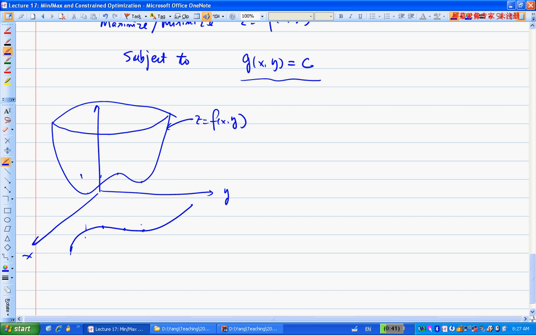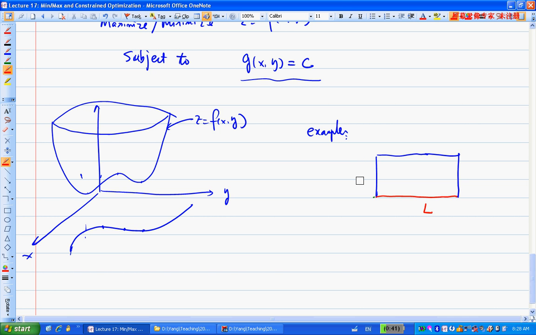So how do we deal with this constraint problem? I'll give you a simple example. There are many practical examples of constraint problems. Suppose you are trying to construct a rectangular fence.